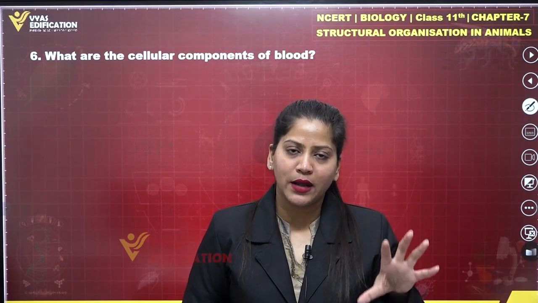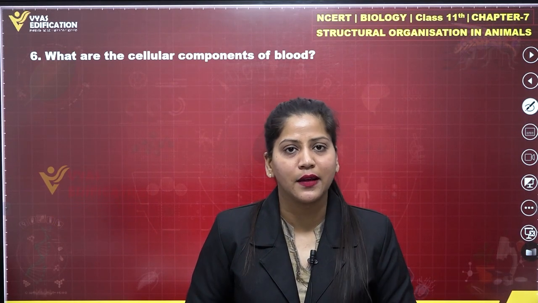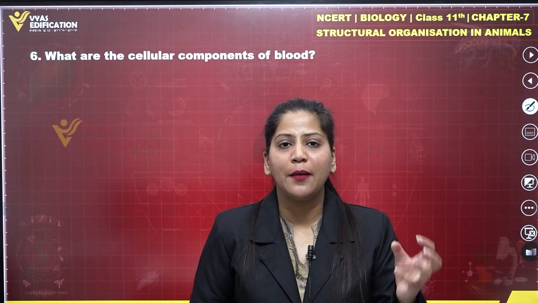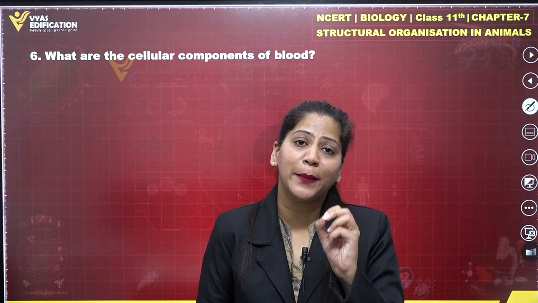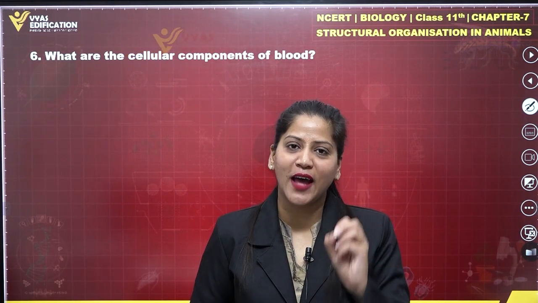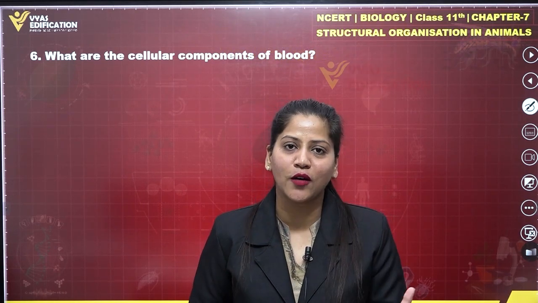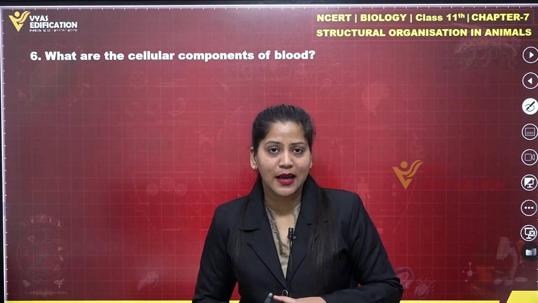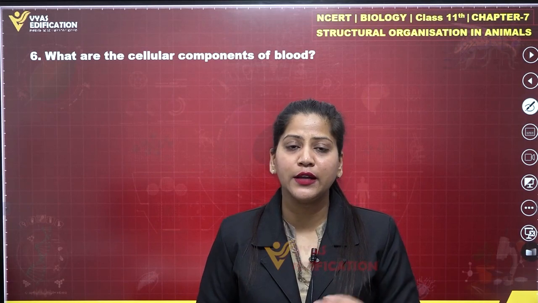Whenever we are talking about the mammalian erythrocytes or RBC, they are enucleated. They do not contain a nucleus. Instead, they have hemoglobin, a respiratory pigment, which helps in the transportation of respiratory gases such as oxygen into the body. But the WBC cells, that is leukocytes, are nucleated, right? They are irregular in shape.